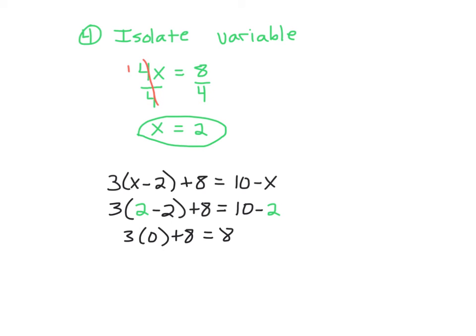Well, if I look closely here, I can see that anything times 0 is simply 0. So this entire part of the expression right here turns to 0. 3 times 0 is 0. And I'm simply left with 8 equals 8, which is a true equality. Therefore, it checks out that my solution is correct.